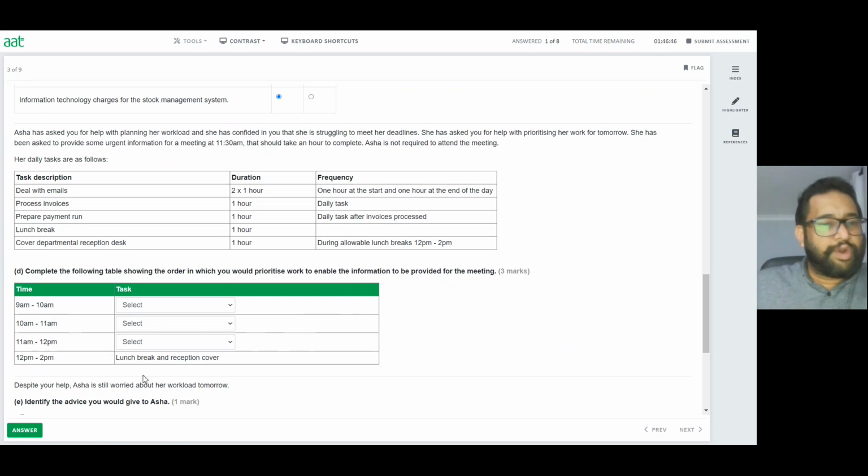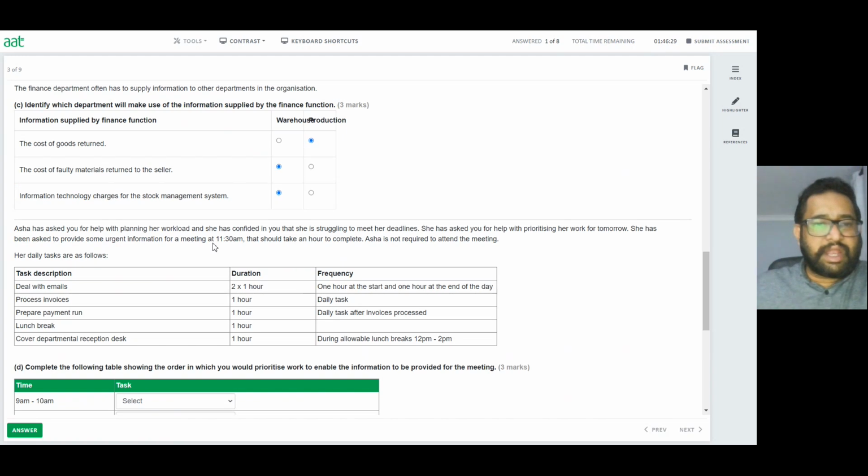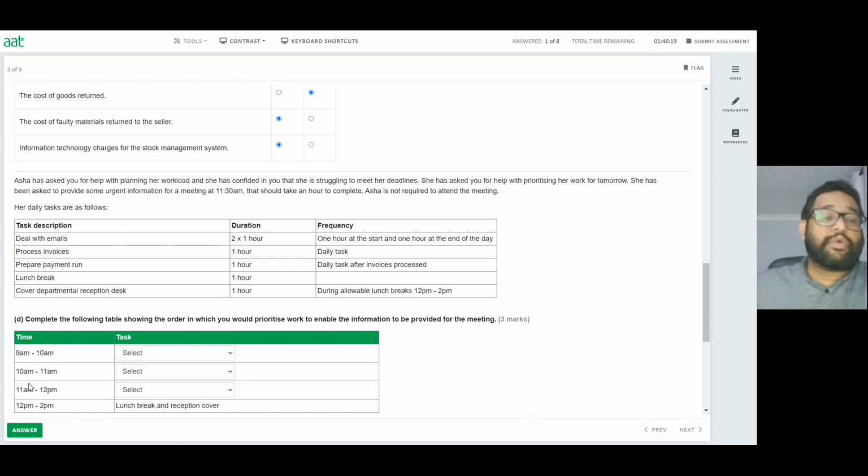We only have times up to these things. So here, what is expected of you is to complete the following table showing in order which work you would prioritize to enable the information to be provided to the meeting. Asha has to provide that email for 11:30. So the information has to be provided by 11:30, and she should normally have done that by 11 a.m.